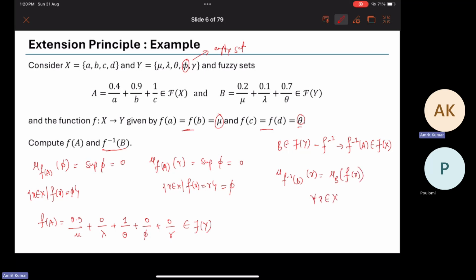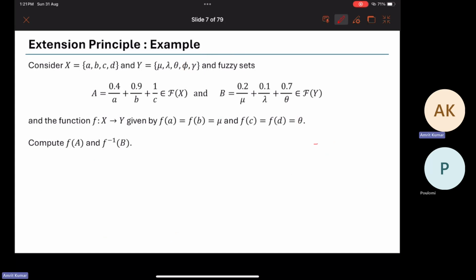To compute the membership of x, you simply compute mu B of F of x. So let us now compute the membership of A in F inverse of B. This is nothing but mu B of F of A.